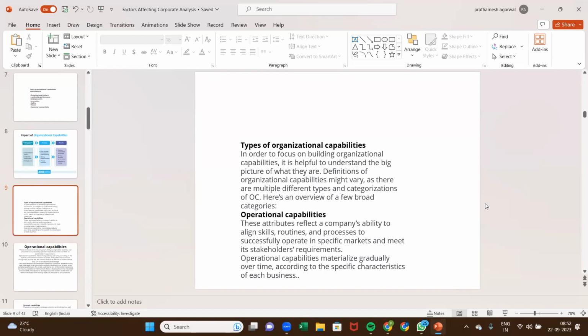Then, definitions of organizational capabilities vary from organization to organization, as there are multiple capabilities. Now you see, the organizational capability of Reliance Industries might be different from those of, say, Hindalco, or Maruti Suzuki, for the simple reason that they have a different product.